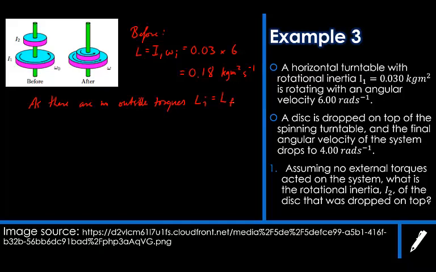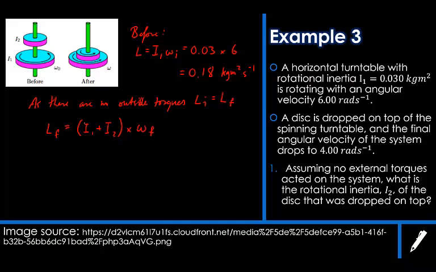Okay, so what are we told about the final situation? Lf is equal to I1 plus I2 times omega f, because now we have not just one disk, but we have 2 disks spinning, and we're going to add the 2 individual rotational inertias to find the total.